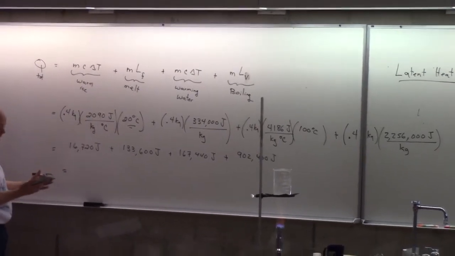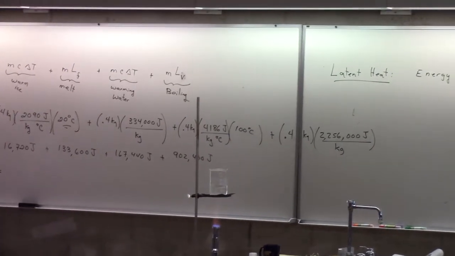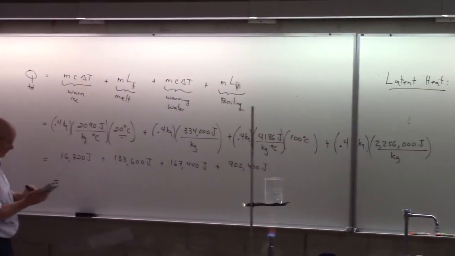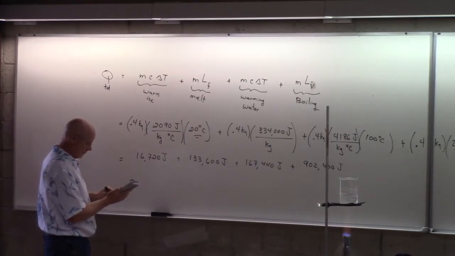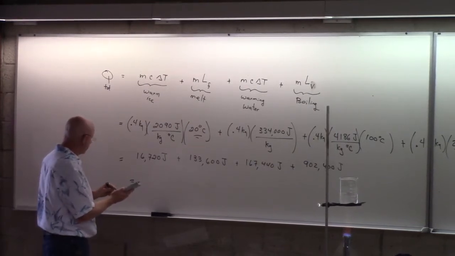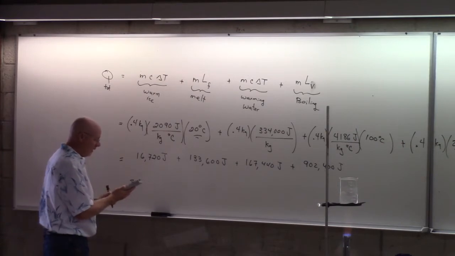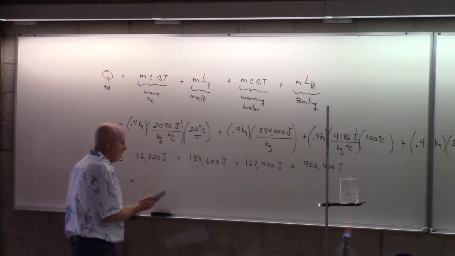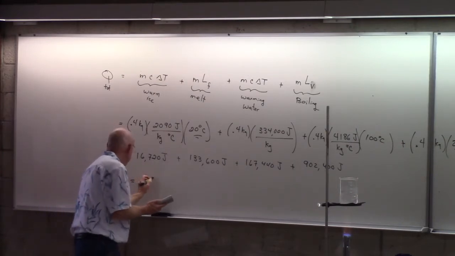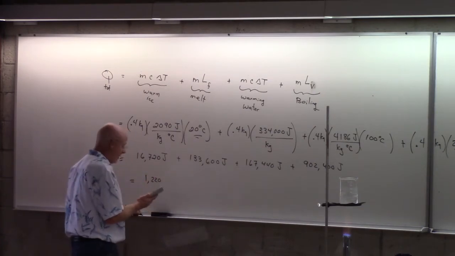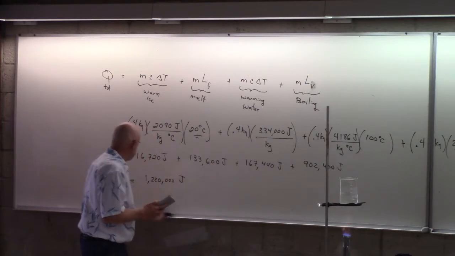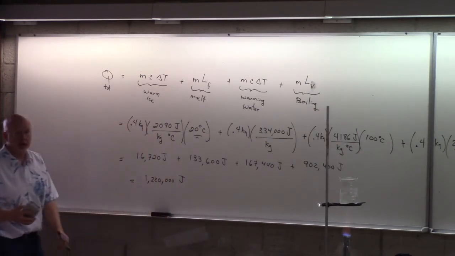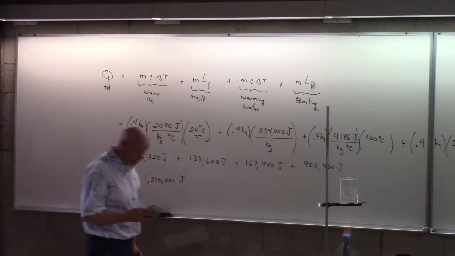And so if we add all these together, we get about 1,220,000 and change. For significant figures, I'll just put it at 1.22 million. And so it's a lot of energy.